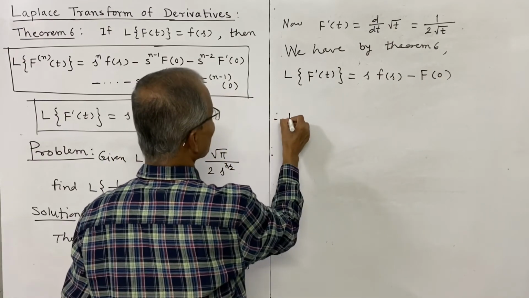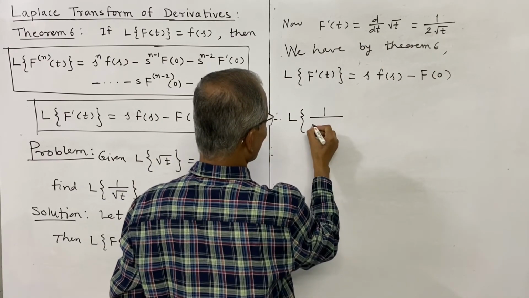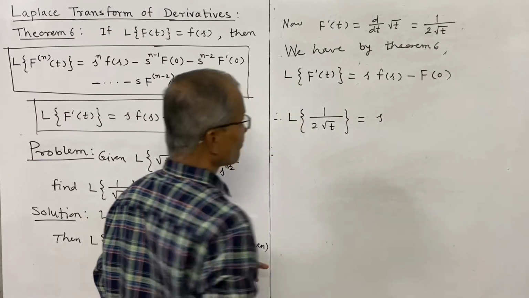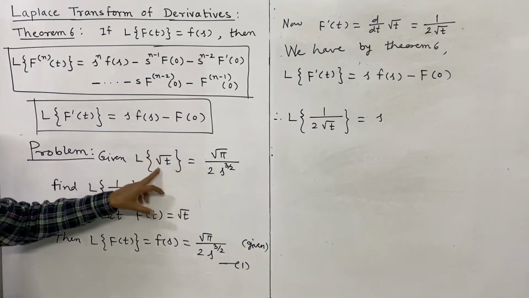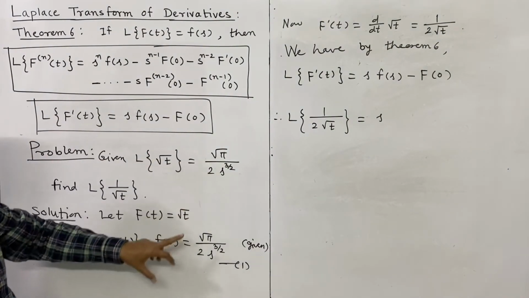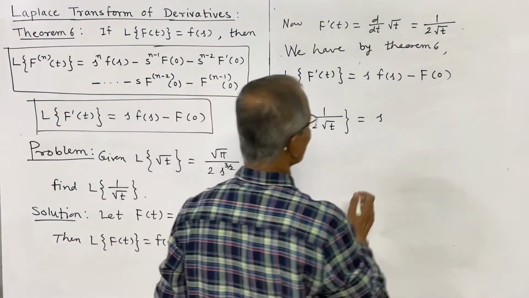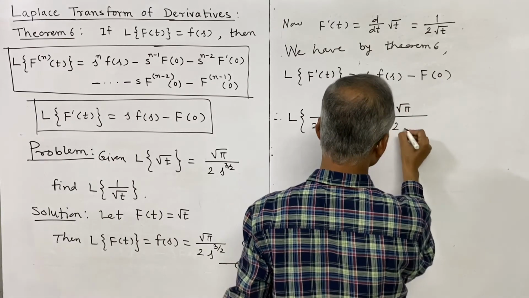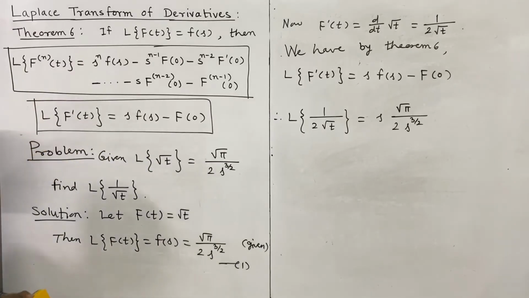And therefore L of f dash of t, this is 1 over 2 root t, is equal to s times F of s. What is F of s? It is given here, L of root t, that is F of s, root pi divided by 2 into s to the power 3 by 2, minus f of 0. So what is f of 0?